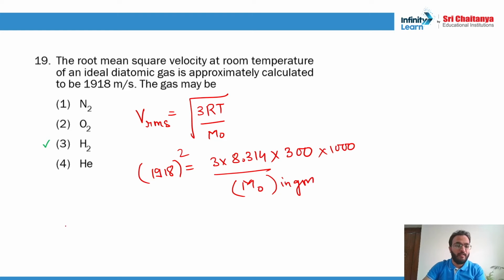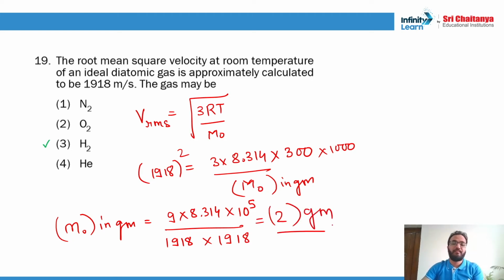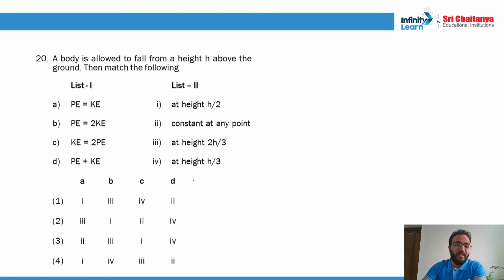Got it? So mass in grams will become 9 into 8.314 into 10 to the power 5 upon 1918 squared. After solving you will get it as 2 grams. That means it is hydrogen. Got it?